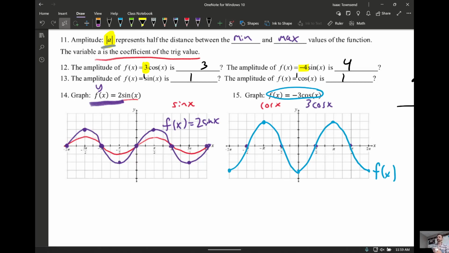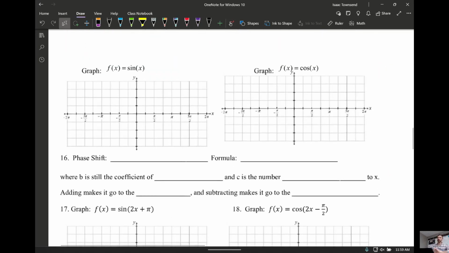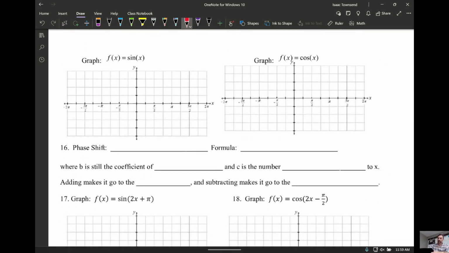So are there any immediate questions about amplitude before we move on?